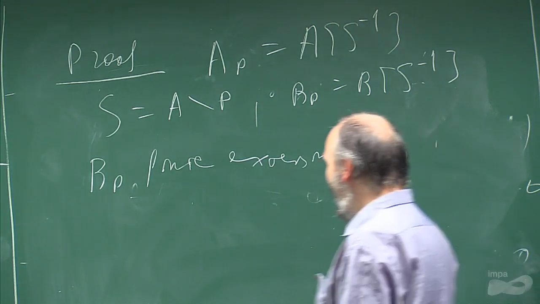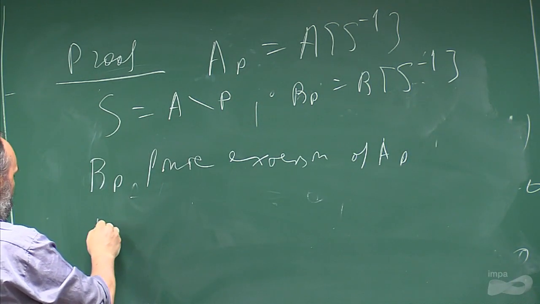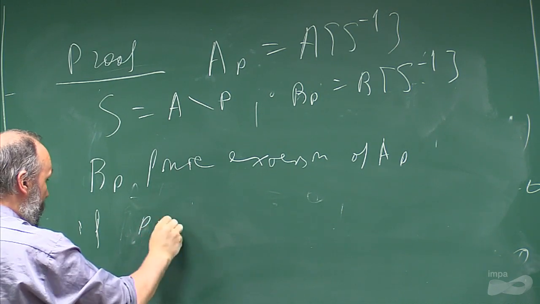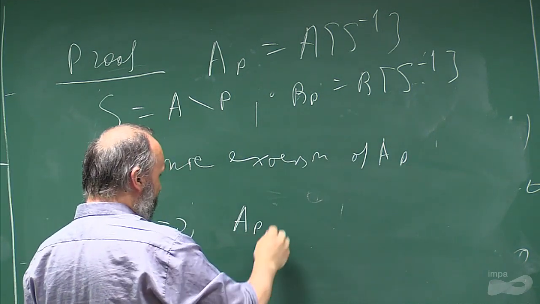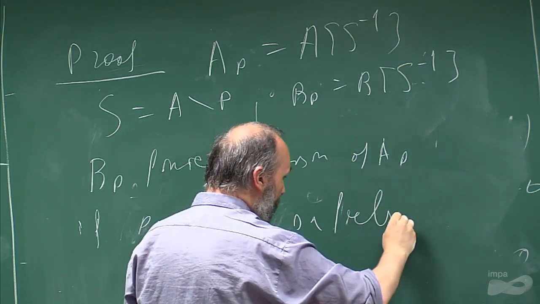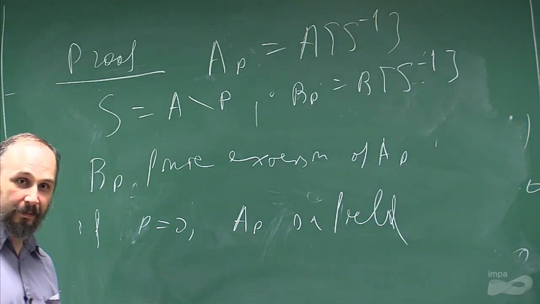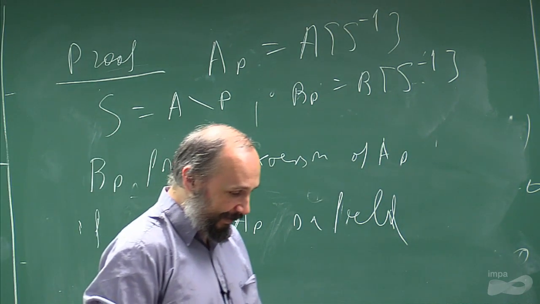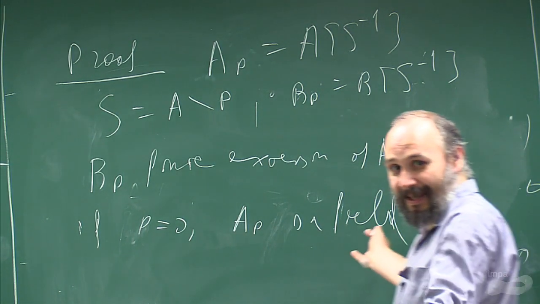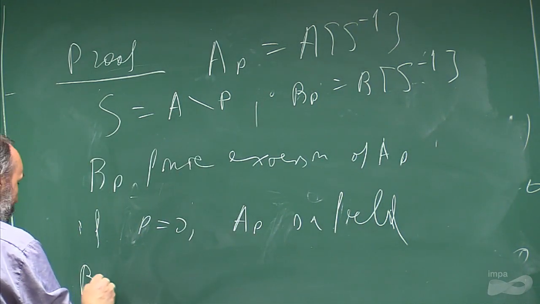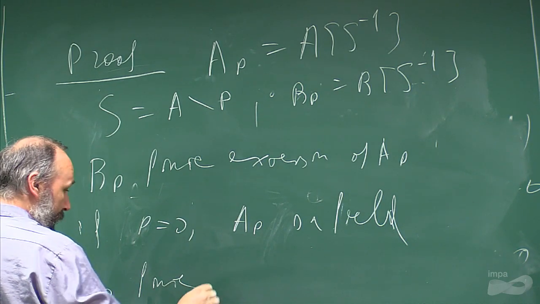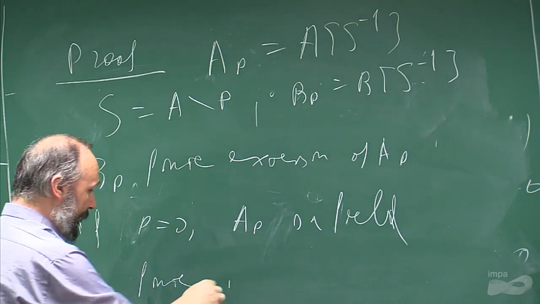Okay. Then if P is equal to 0, then A_P, the quotient by P, A_P is a field, because you localized over all non-zero elements in a ring. It has to be a field, right? Then B_P is finite, with no zero divisors.